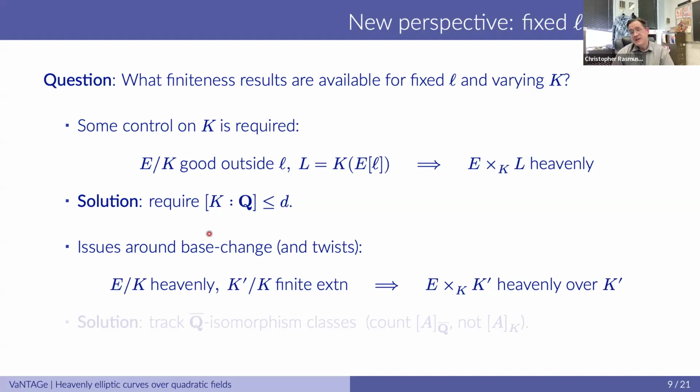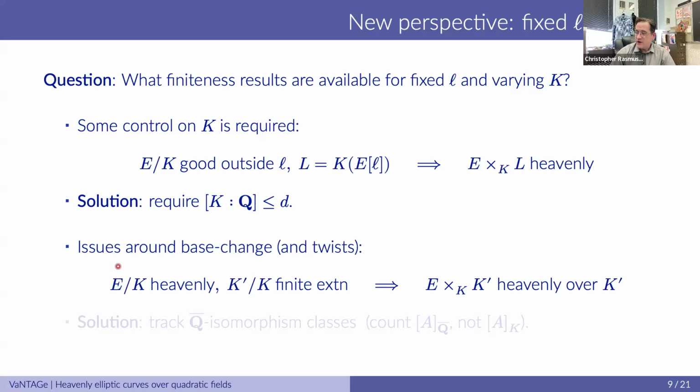And there's even a slightly more subtle issue going on here, because it could happen that you have an elliptic curve over Q whose base change to K is not isomorphic to an existing heavenly curve, but in fact isomorphic to it up to a twist. And that makes it very delicate to count in an accurate way how often these heavenly elliptic curves are occurring.